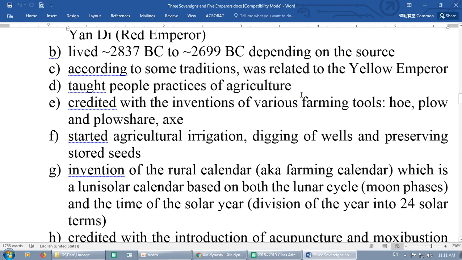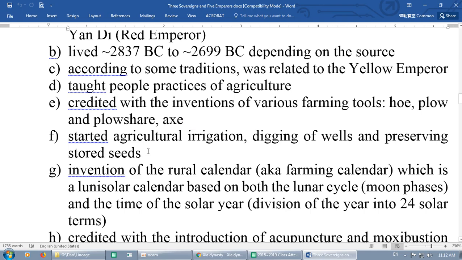Or not just farming, you can say domestication of animals too, like cattle, lamb, horses, chickens, etc. He's also credited with the invention of various farming implements, such as the hoe, the plowshare, the axe. Roughly during this period. My God, that's pretty early. So we're talking about 4,000 plus years ago, almost 5,000 years ago.